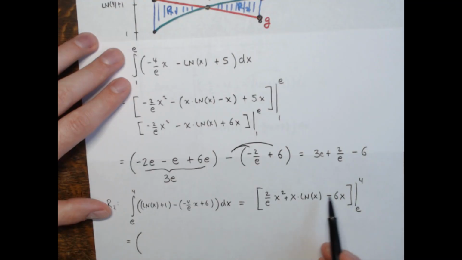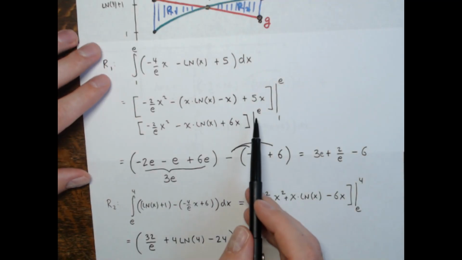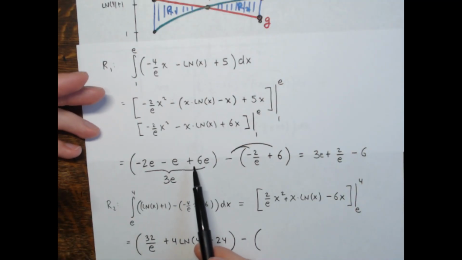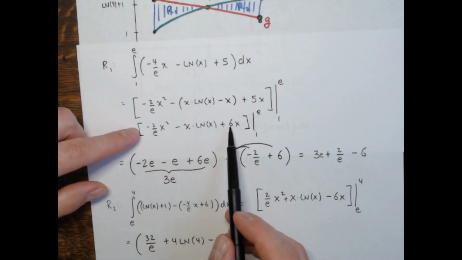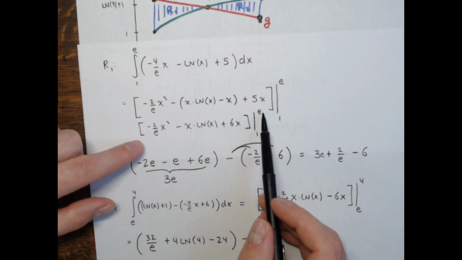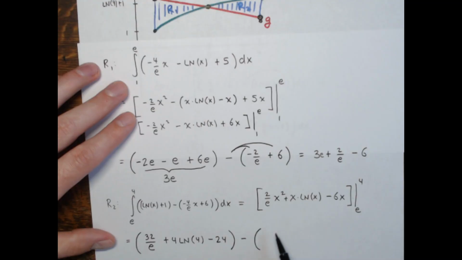When I plug in 4, this is 16 times 2, that's 32 over e plus 4 times the natural log of 4, and then minus 24. So there's the value at 4, minus, and then we already found the value at e. We did that here earlier, but again, it's going to be the opposite. When we plugged in e to this one earlier, it was 3e. So when I plug in e to this one, it's just going to be the opposite, so it'll be negative 3e.